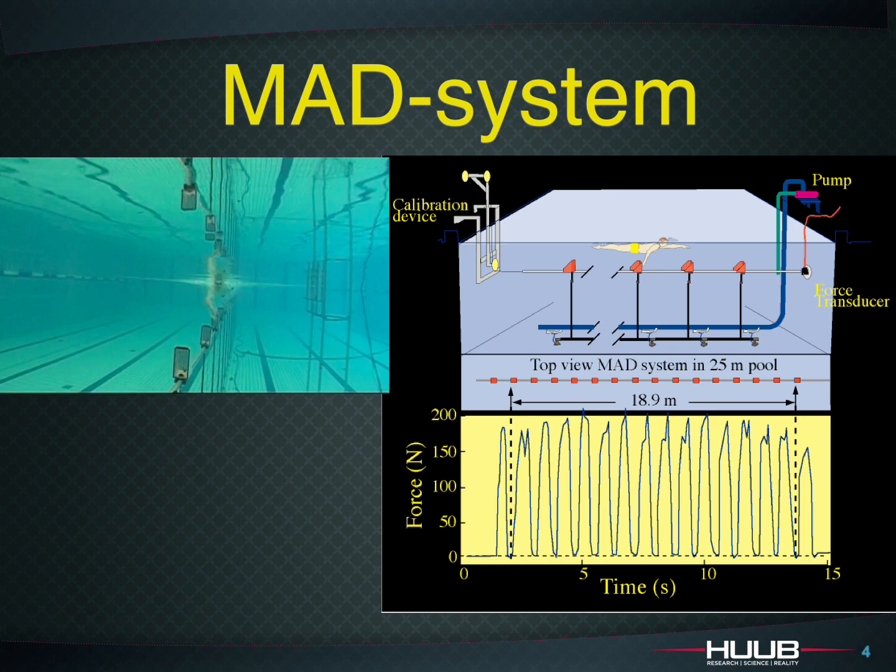It's called the MAD system. It's of course a reference to the crazy professor who invented it, but it also stands for measuring active drag, so the drag while actively swimming.